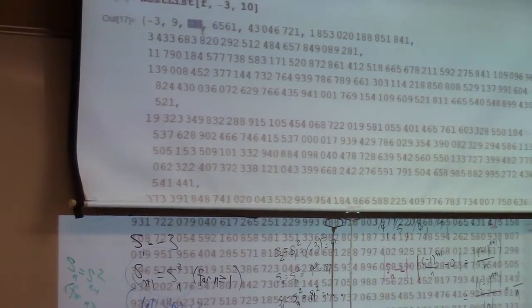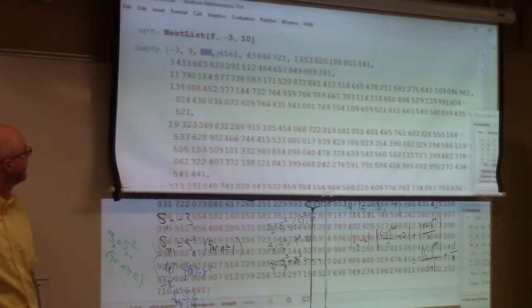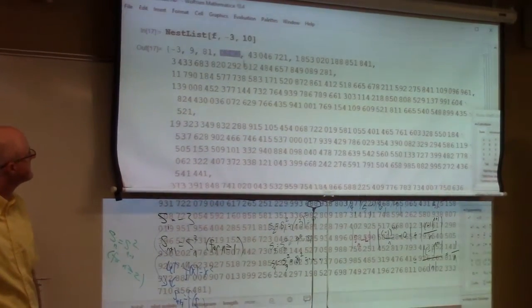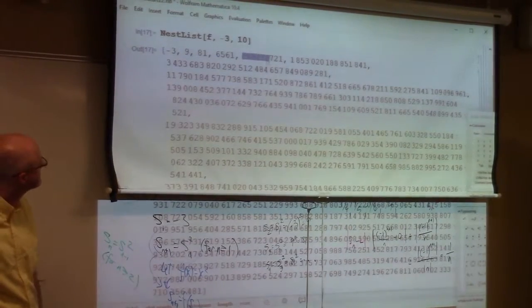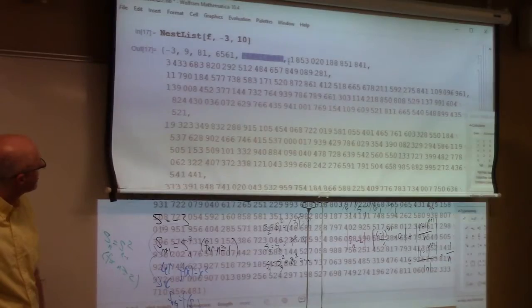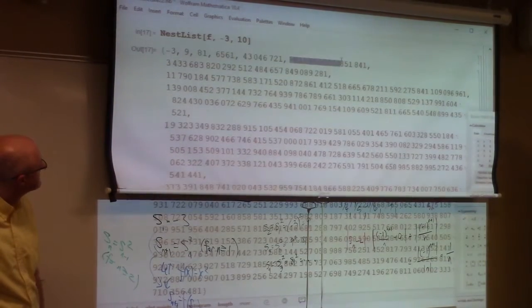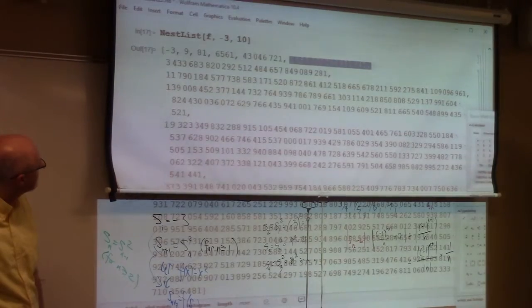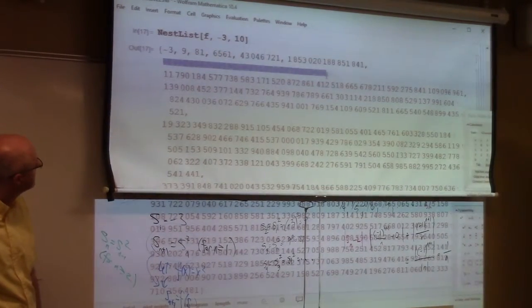Negative 3 squared is 9. There's S3, 81. 9 squared is 81. 81 squared is 6,561. 6,561 squared is this, 43 million and change. That squared is this thing, that was the 1.853 quadrillion. Square that, get this, etc.